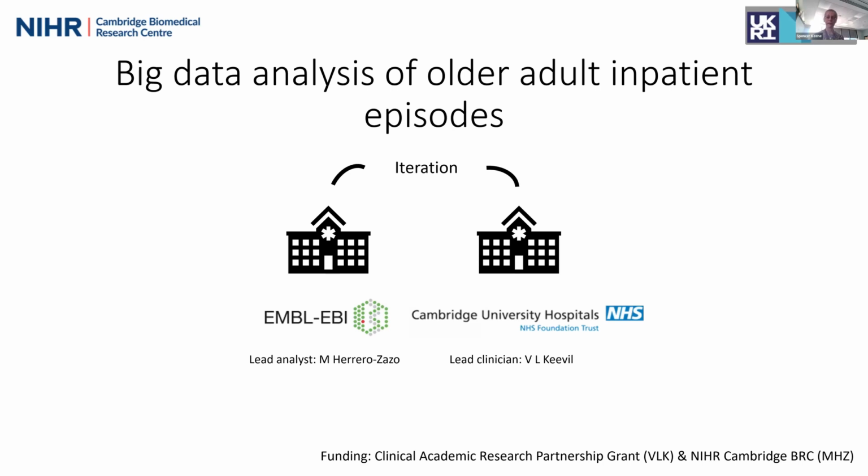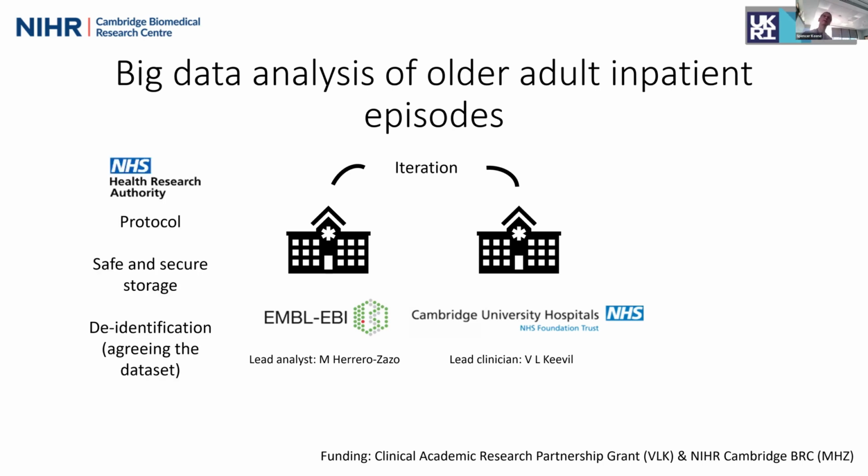The reason we chose EBI as the partner was because they had the computational capacity and the technical expertise to analyse the data, alongside mechanisms for safe and secure storage. And clearly an awful lot of preparatory work went into setting up this study, which can best be described as a series of iterative processes.